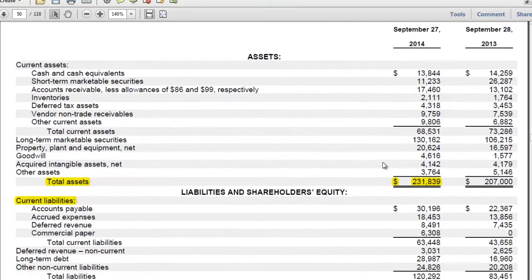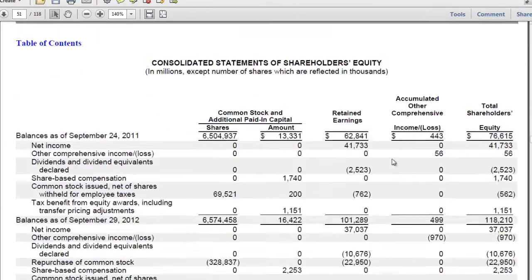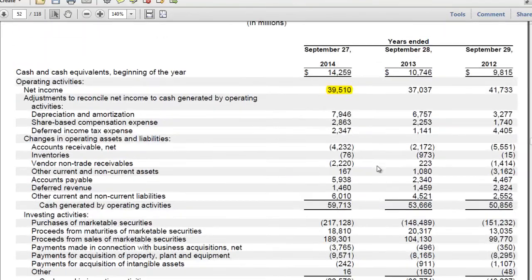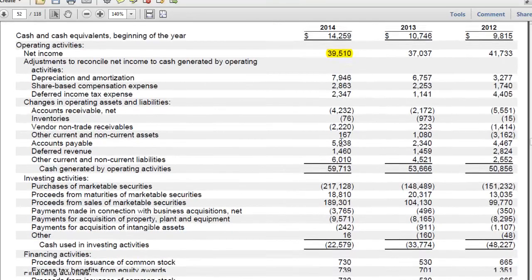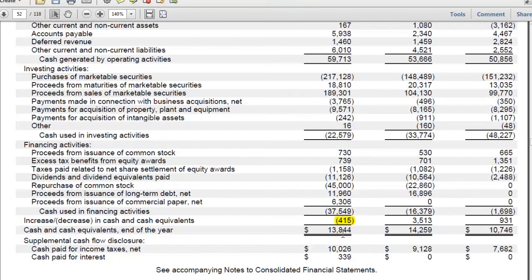So some people would say, okay, how come? You made $39 billion of net income. How come your cash went down? The cash flow statement basically explains the change in cash. It starts out with net income. Here are all the different adjustments. And their cash did go down, so this is now their ending cash balance. Then you can scroll back up and ask, what caused their cash to go down?